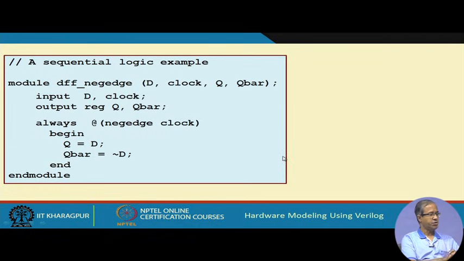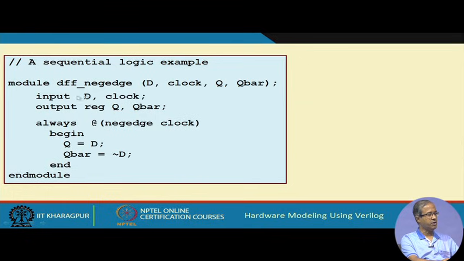Fine. Now, let us come to some sequential logic examples. This is an explicit synchronous D type negative edge triggered flip flop, where you are using a clock with a negedge. In this description we are trying to define a D flip flop with a D input, outputs Q and Q bar, and a clock.